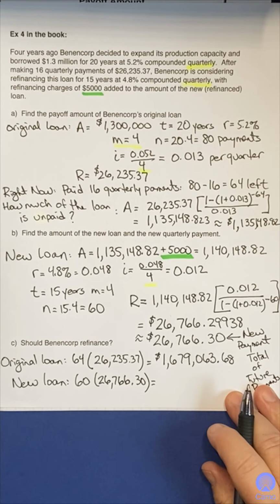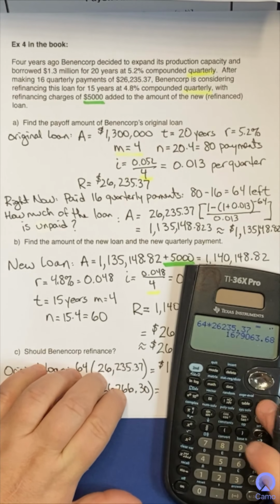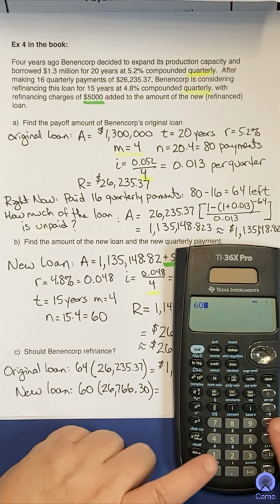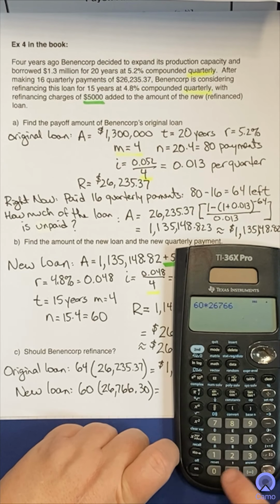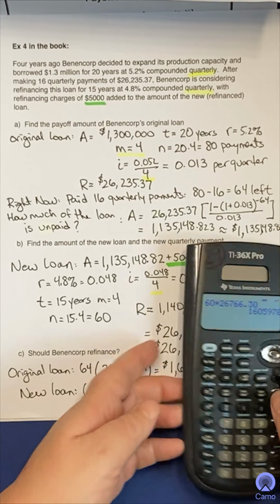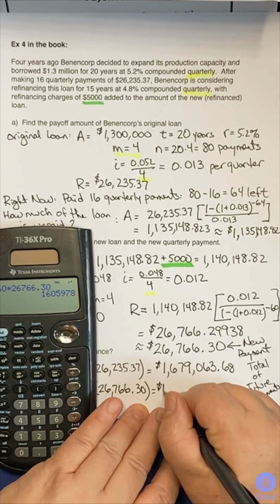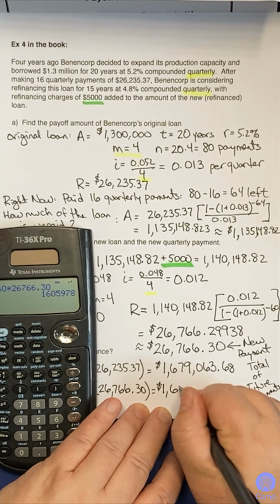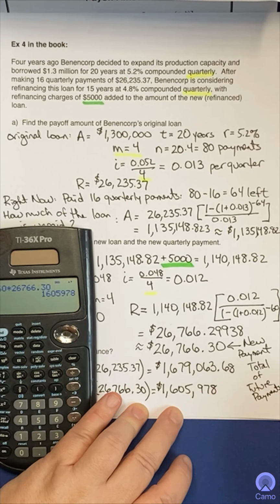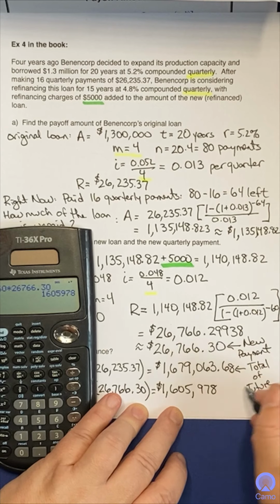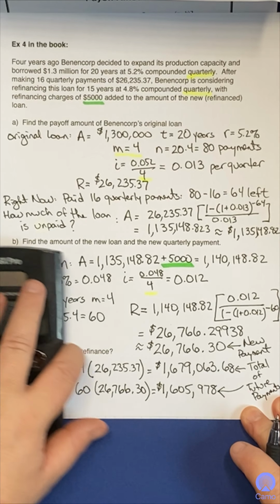And when we multiply that, 60 times 26,766.30, that is going to be a total of $1,605,978.